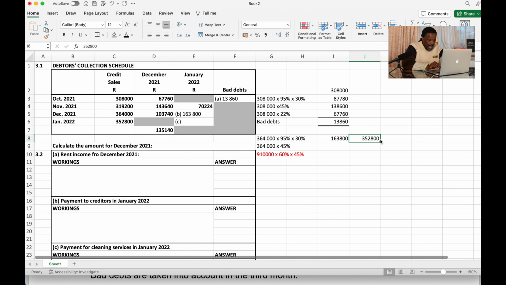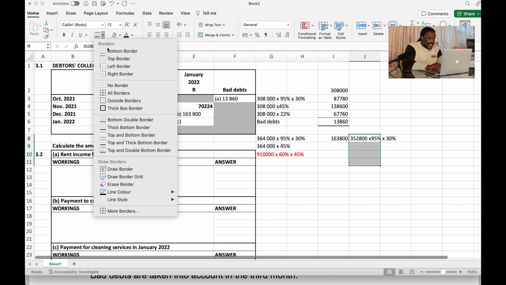How are we going to treat 352,800? Because it's for January, we must use the trend of the first month, which is times 95%, multiplied by 30%, and then whatever we get there is that amount. Let me put a line here so that at least you can see.